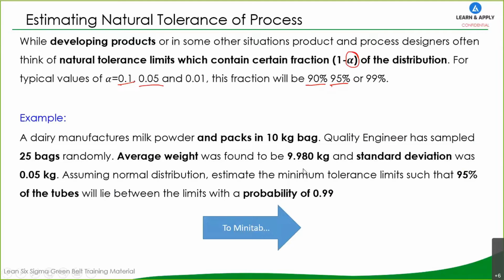The average weight was found as 9.98 kg and the standard deviation was 0.05 kg. Assuming normal distribution, estimate the minimum tolerance limit such that 95% of the bags will lie within the limits with a probability of 0.99. If you go to Minitab, it will be very clear how to calculate the natural tolerance limits of the process.